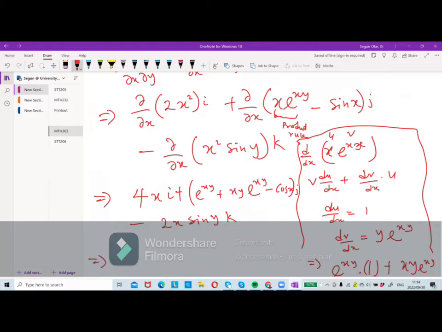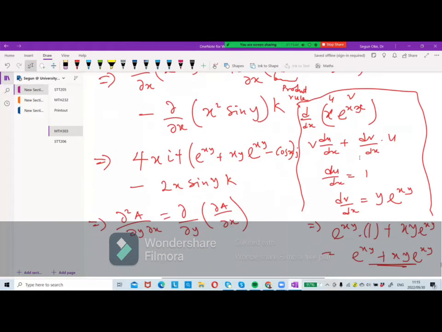So the next one, that's what they asked us to calculate, actually. So you can use the same method to solve this one. The second derivative, d squared A, dy dx, meaning the one in front will be your target. So you go and differentiate with respect to y, then with respect to x.